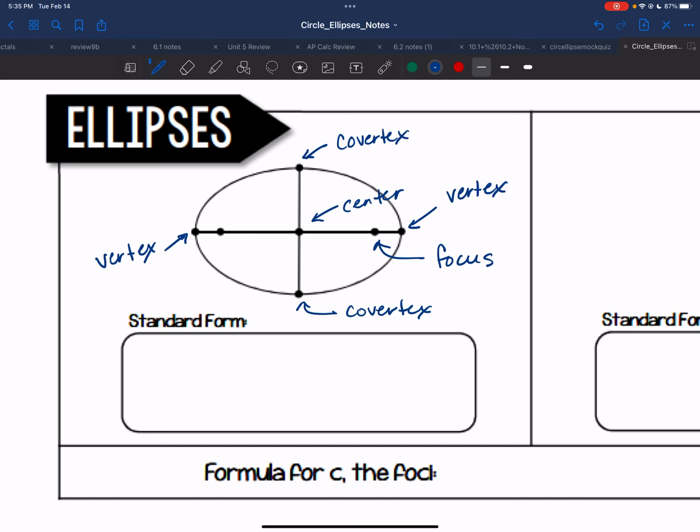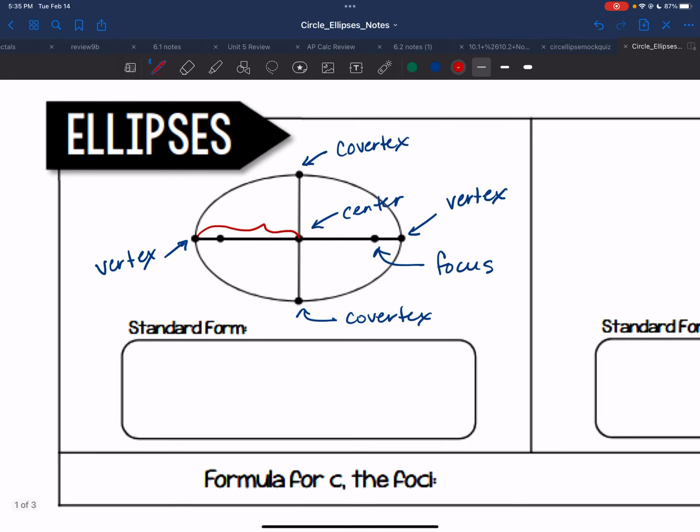The name for our longer radius is a, and the name for our shorter radius is b. Please note that your a is always larger than your b. That's how you can tell if it's a horizontal or vertical ellipse.